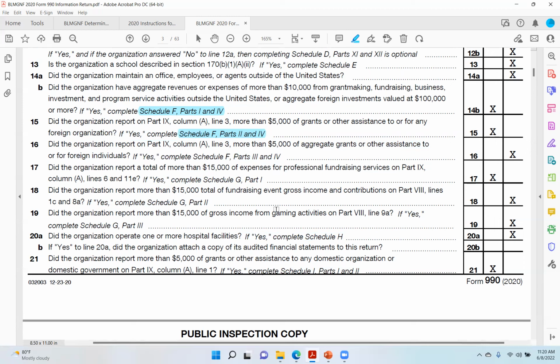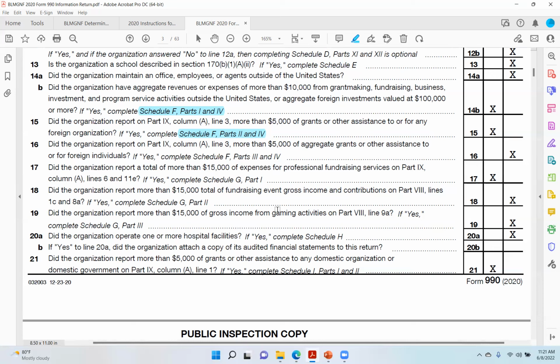Number 16, did the organization report on Part 9, column A, line 3, more than $5,000 of aggregate grants or other assistance to or for foreign individuals, not organizations?